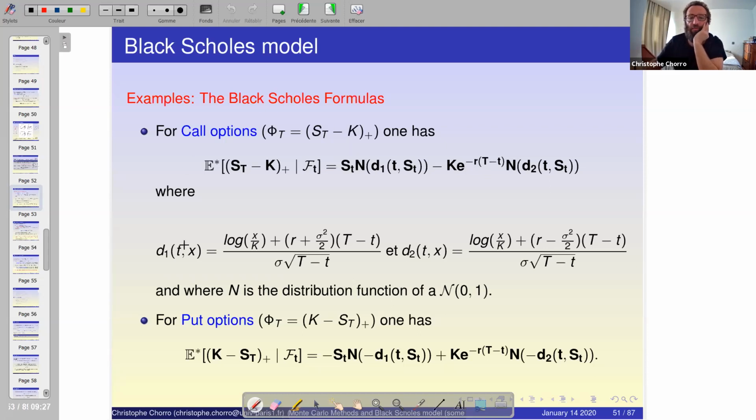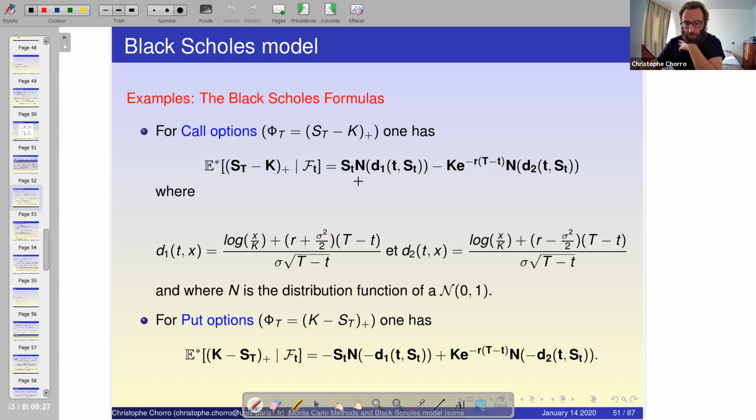Here I have recalled the results you know from your course of stochastic calculus in the first semester. If for a contingent claim I take a call option of maturity capital T and strike K, or a put option of maturity capital T and strike K, I have this Black-Scholes formula for their associated prices.